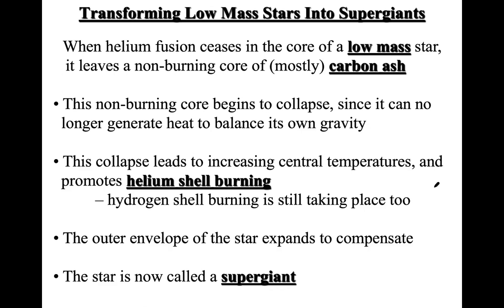Also, there is a hydrogen shell in the outer region still burning. That hydrogen burning still happens in the outer region of the star. And what happens is the outer envelope of the star will expand to compensate, right? At the same time, the outer envelope will expand and the star will become a supergiant, because the size will be increased, right?